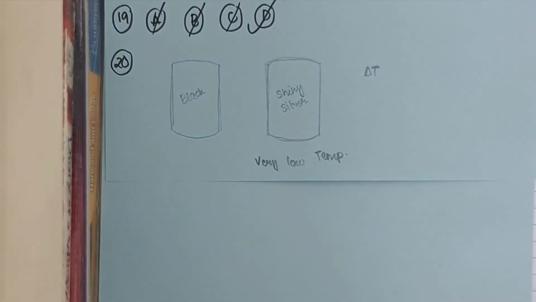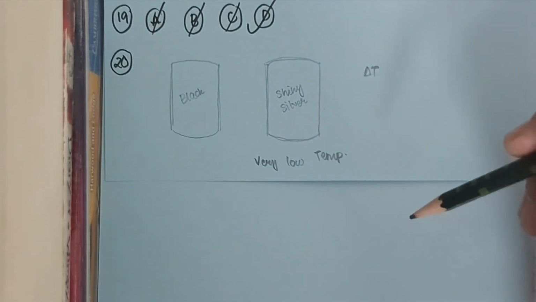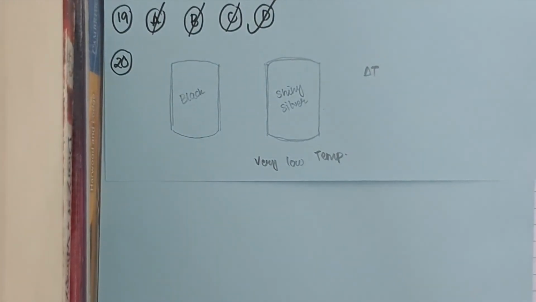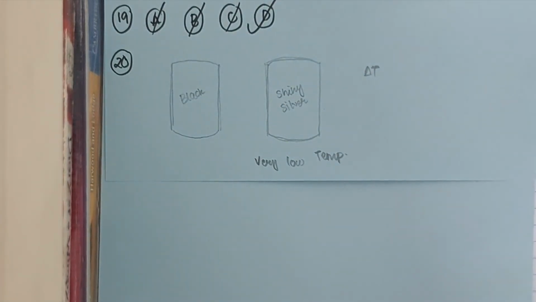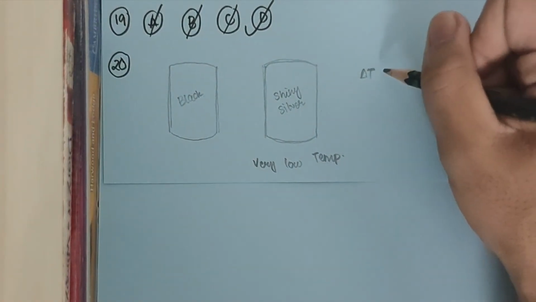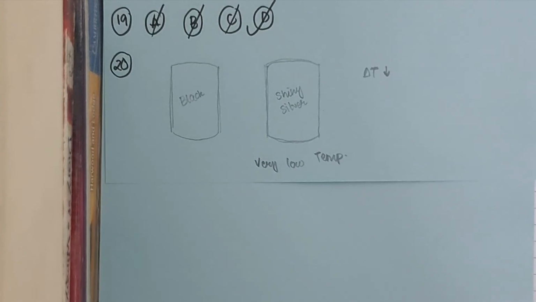In outer space, that will mean that heat will always try to escape from the can to the surroundings, which is vacuum. Therefore, the temperature will always go down. So delta T will always be negative inside the cans.